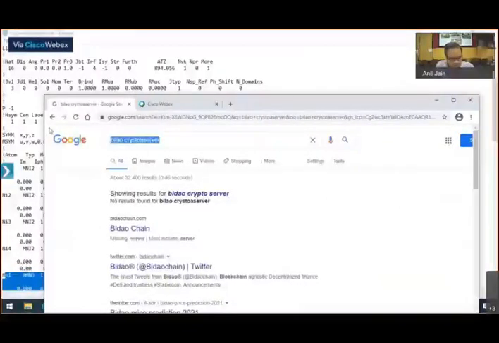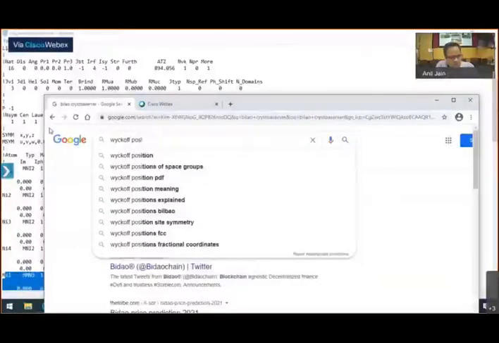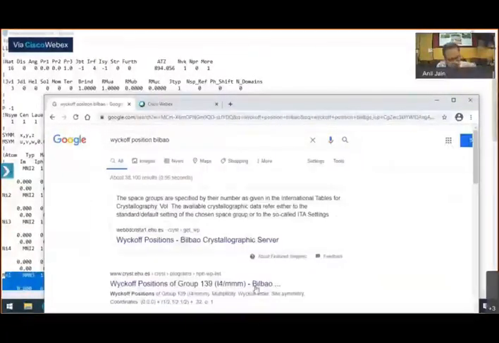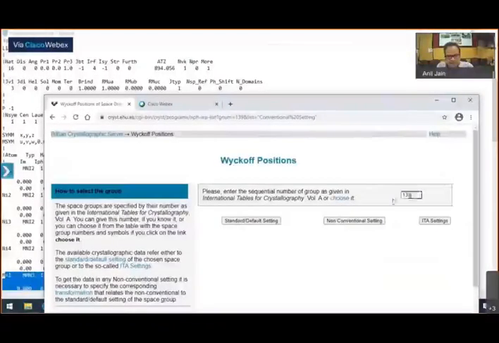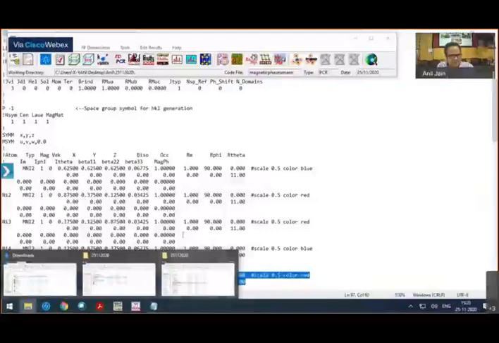Sorry, Wyckoff positions in Bilbao. So you go to here. I forgot this space group, so let me just quickly check this space group.